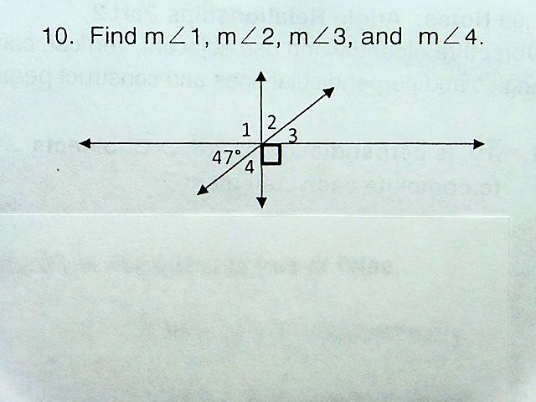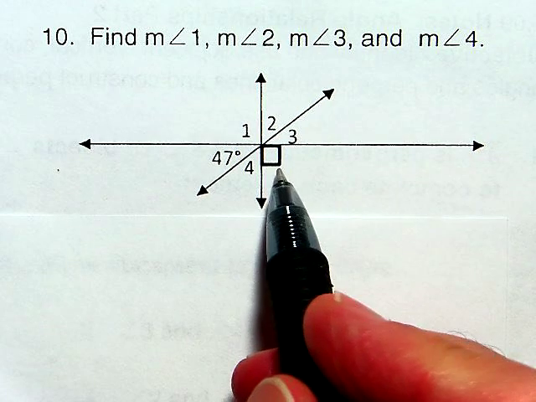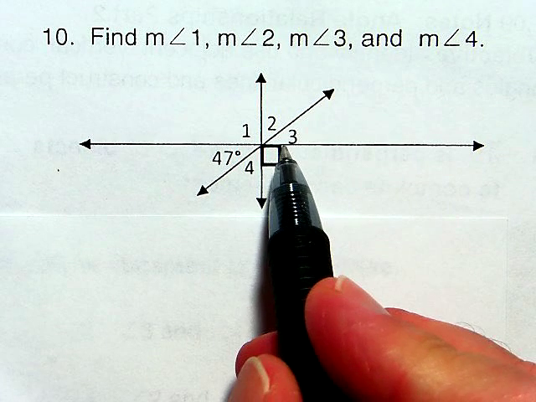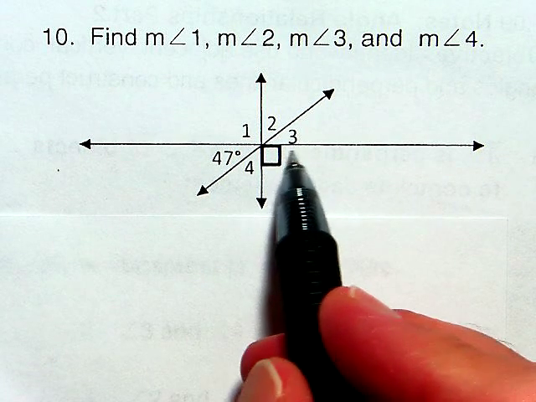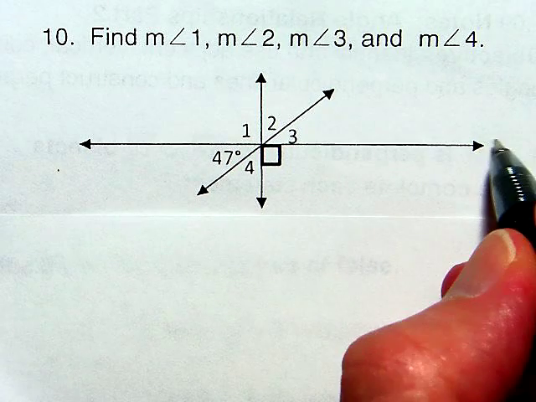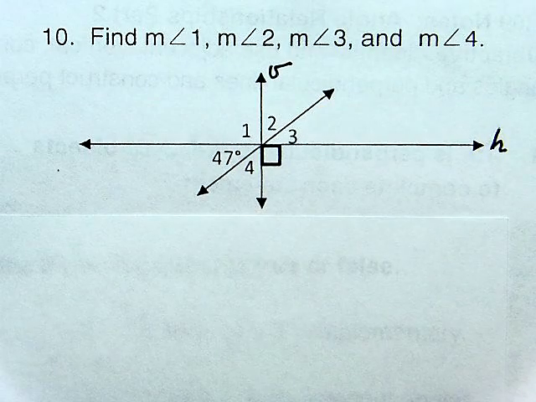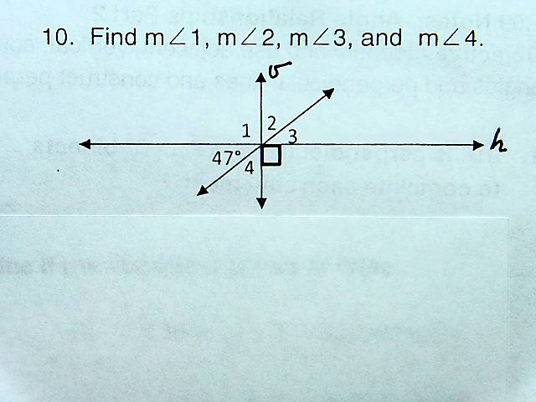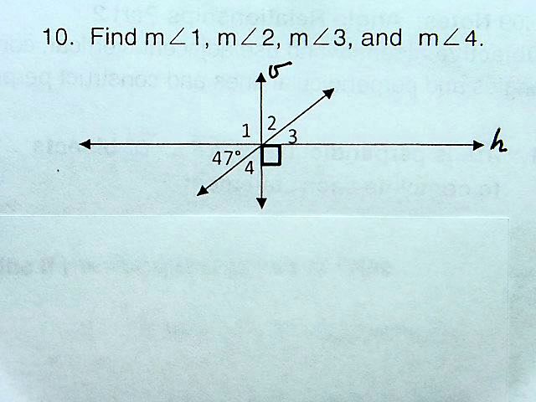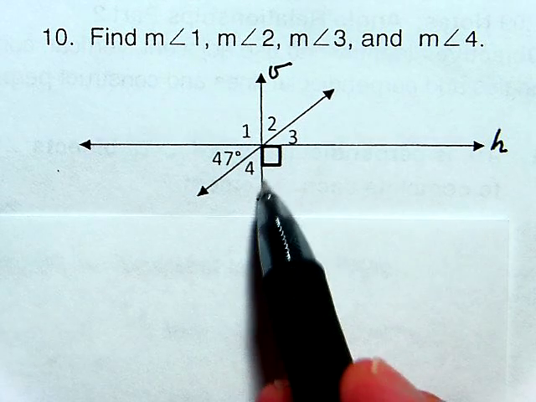Okay, so we're given 2 of the angles. Let me name these lines. Let's call the horizontal line H and the vertical line V, just so we've got a way we can refer to these 2 lines. What we've got here is that V and H make right angles with each other.